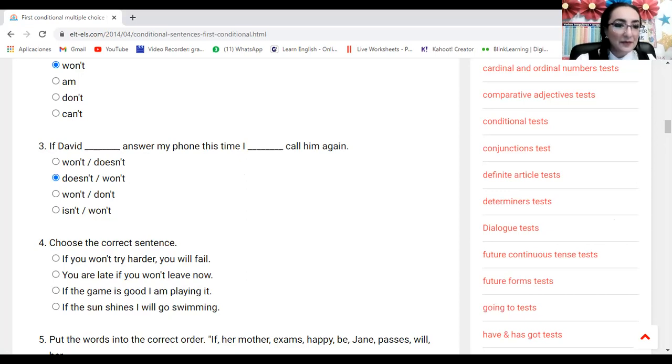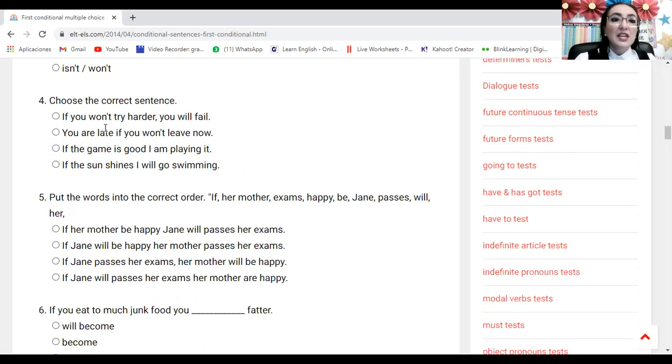Number 4. We are going to choose the correct sentence. If you won't try harder, you will fail. Will, absolutely no. You are late if you won't leave now. You are late if and won't almost together. No, never ever.